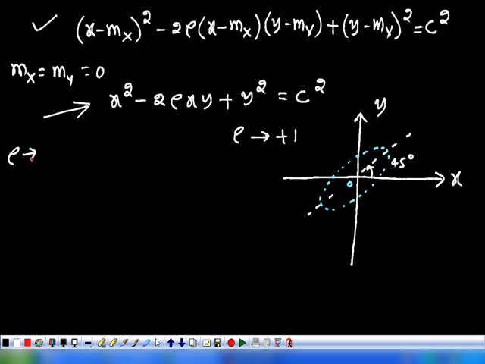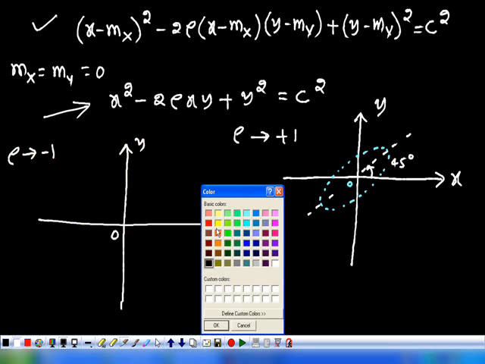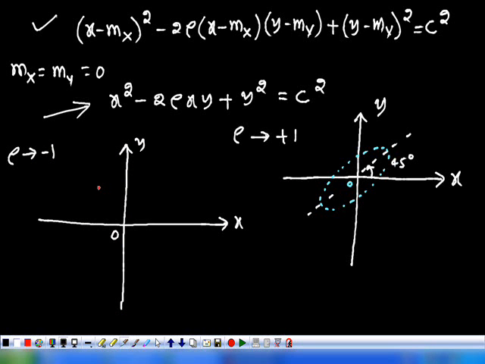When rho tends to minus 1, it will make an angle of 135 degrees.